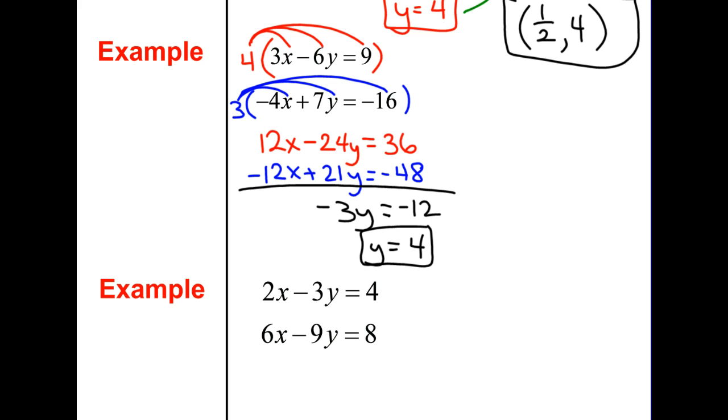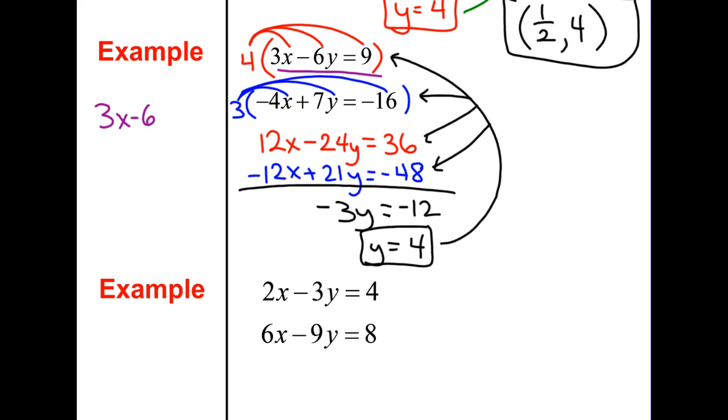Again, don't stop there. We need to plug it in to figure out our solution. We need to figure out our x value. So let's plug our y in for any of these 4 equations; now any should work for it. I'm going to pick the top equation just because I feel like it. So 3x minus 6 times 4 equals 9.